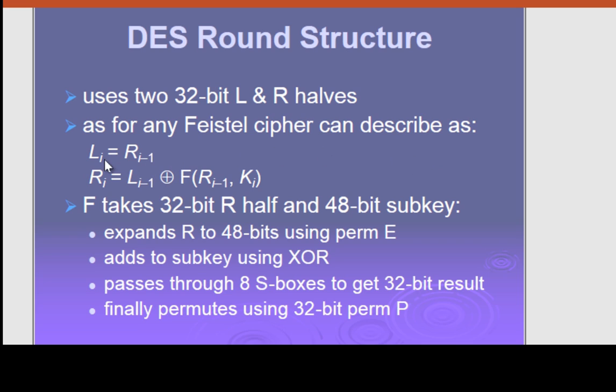For example, consider i is 1. So L1 is equal to R0, that is, R0 is directly swapped to L1. So the right part of the first round becomes the left part of the second round.